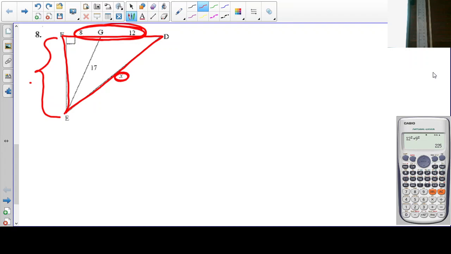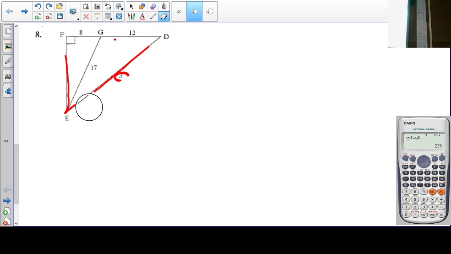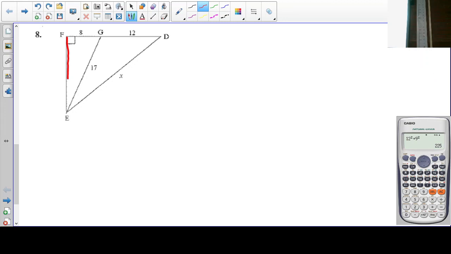Okay, how can we calculate EF first? So hang on, EFG is also a right angle triangle. So here I can now say 17 squared is equal to 8 squared plus EF all squared.